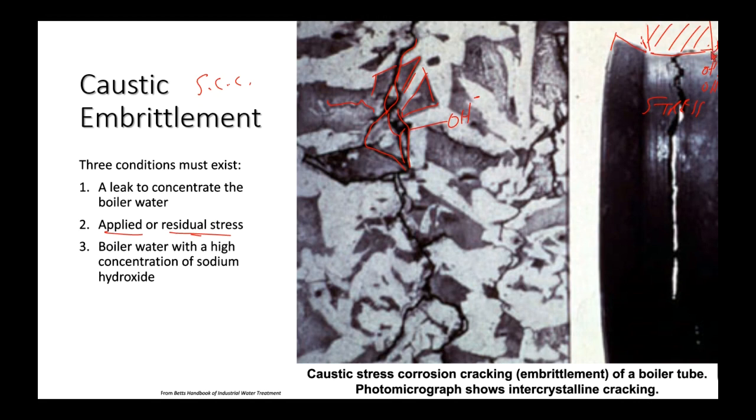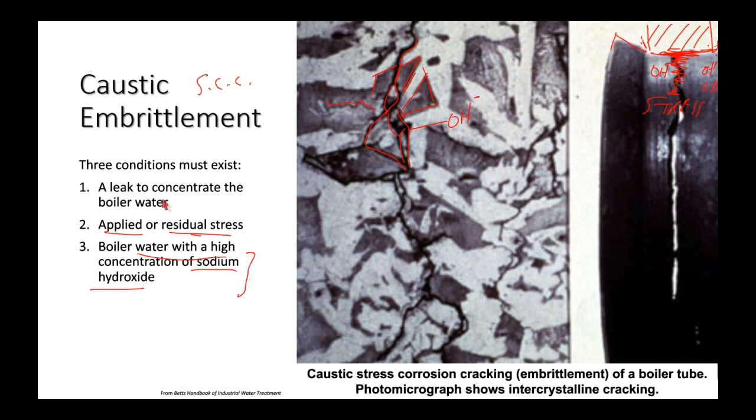All I need is enough of that normal concentrated water to go along that tube seat, and basically having all of the water evaporated, leaving a very high concentration of hydroxide all the way along that tube seat. Very high concentration. And so that gives us this one here, boiler water with a high concentration of sodium hydroxide.